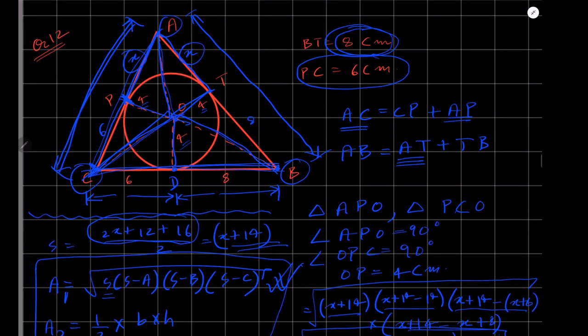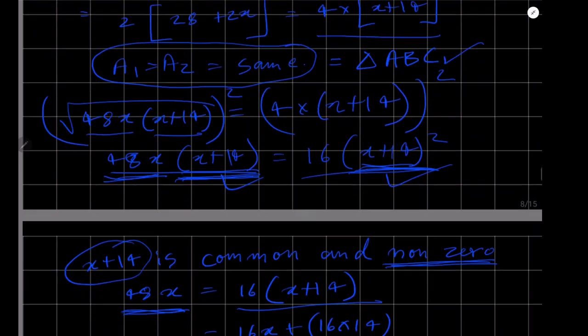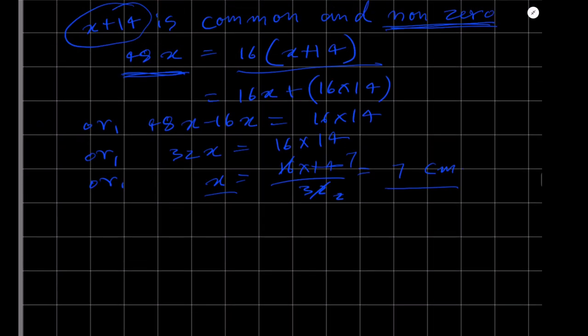And now we can find AC and AB. So AC is nothing but 6 plus x. So AC will be equal to 6 plus 7, that is 13 centimeter.